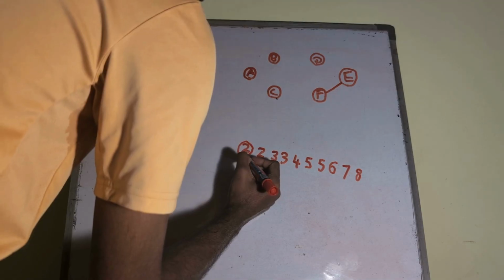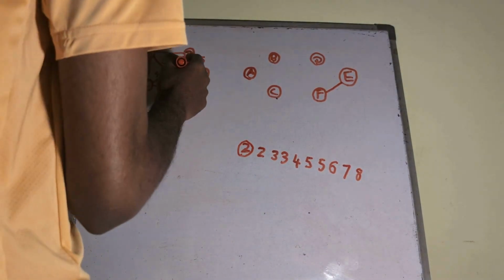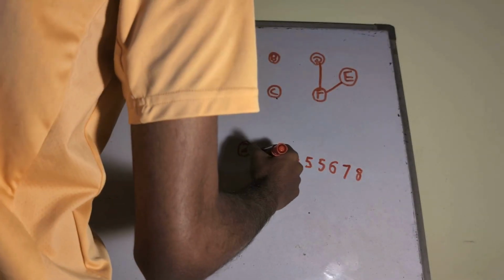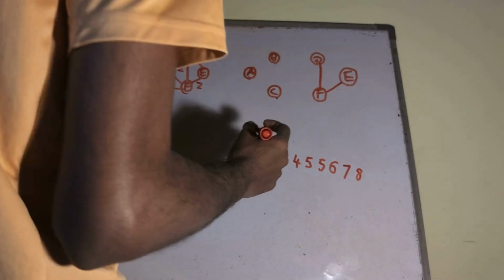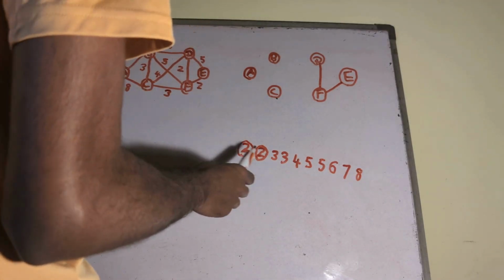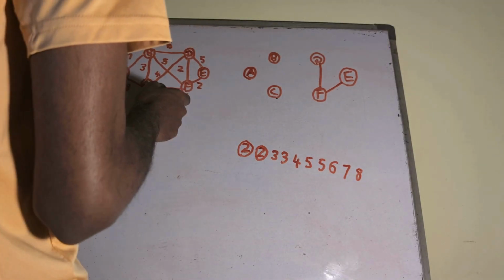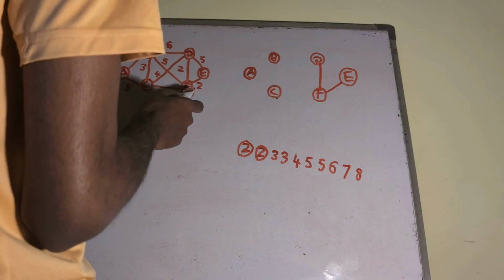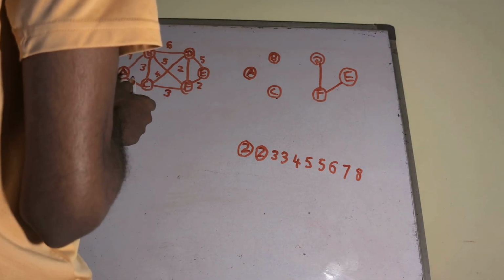So now 2 is complete, and we can also create DF without problems. No cycle is created. After that, 3 is CF and BC.